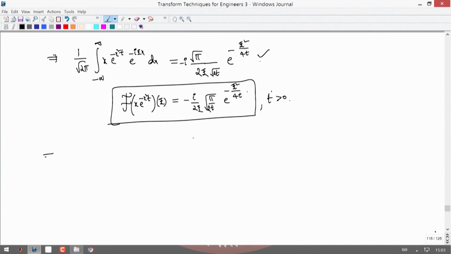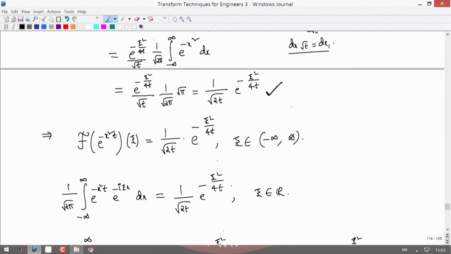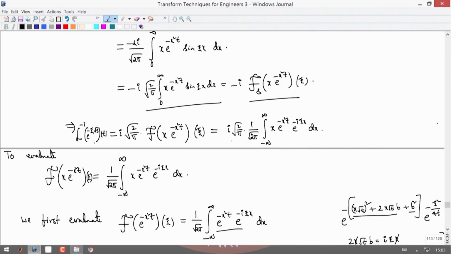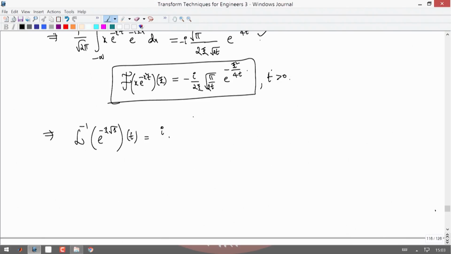This implies the Laplace inversion of e power minus xi root s as a function of t is simply I times root 2 by pi times this Fourier transform, that is exactly minus I by 2 xi root pi by 2 t e power minus xi square by 4 t. This is exactly what you have.